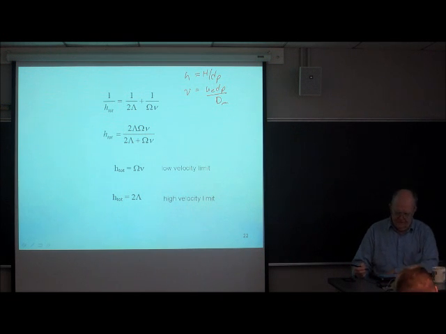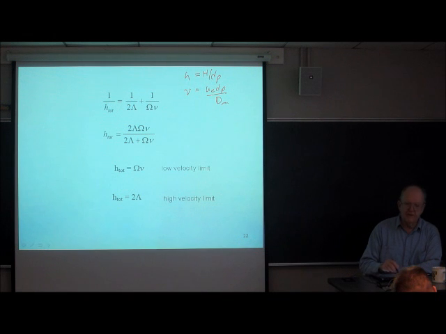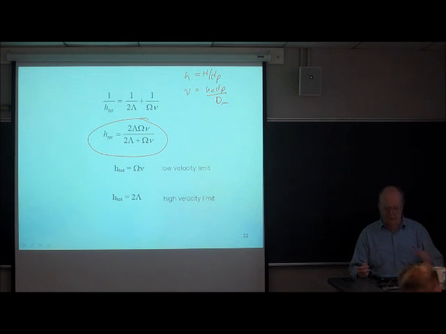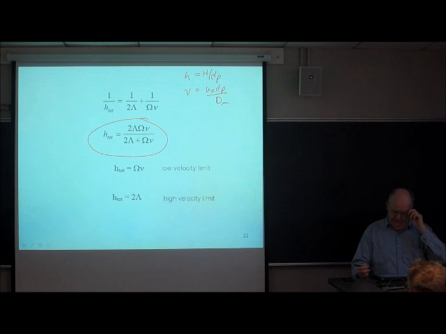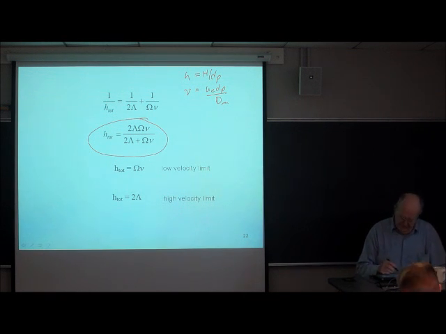I'll remind you of the definitions. To that last equation, here's the parallel combination, and if we multiply it out, there's the equation for the coupling or Giddings theory in reduced parameters.